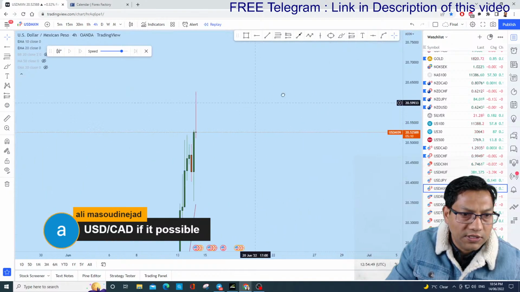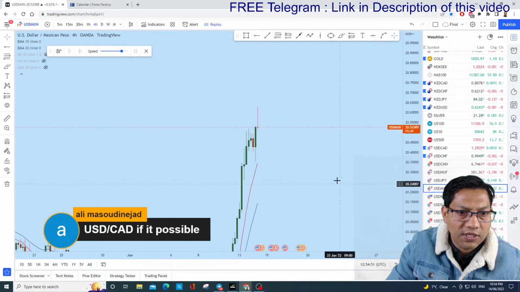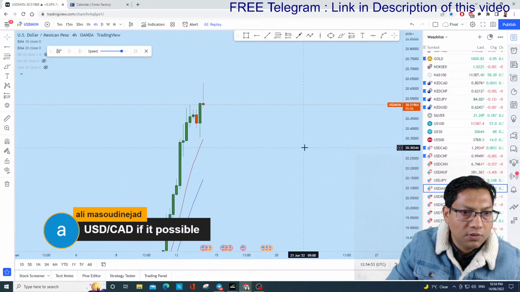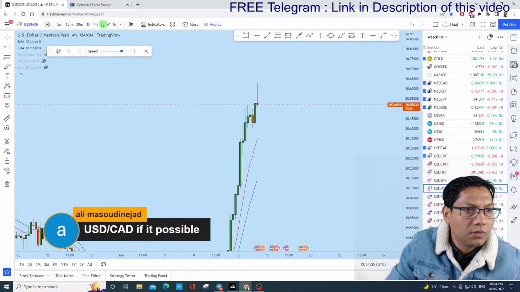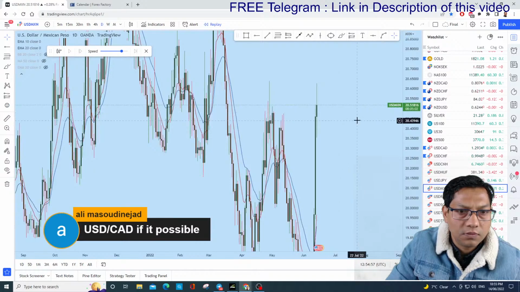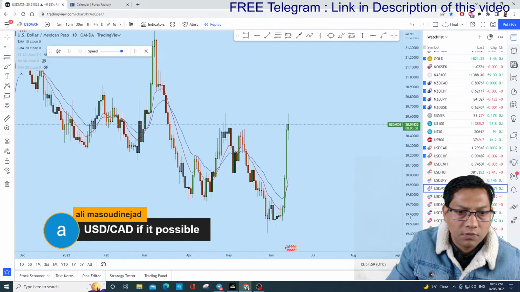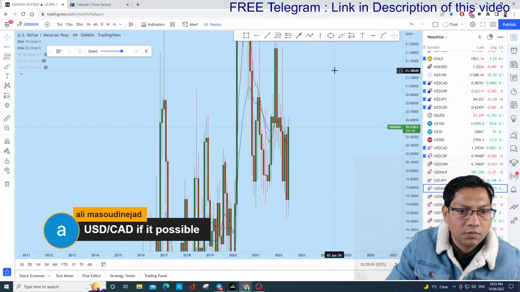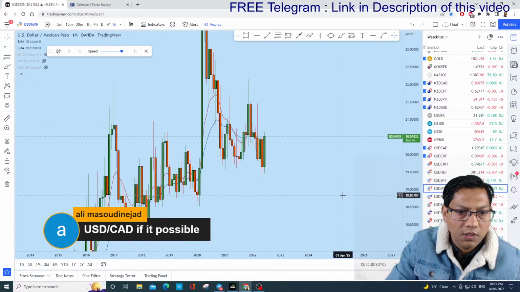It looks like there is a selling opportunity on USD Mexican peso. Monthly.